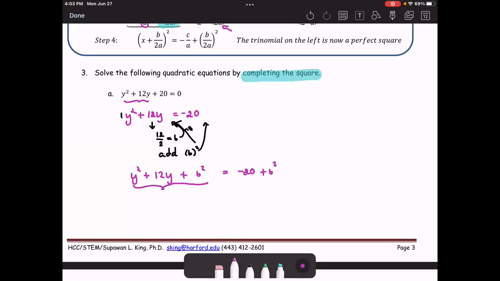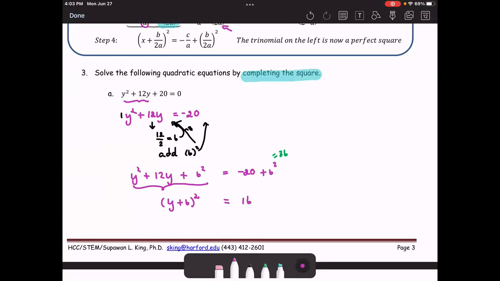The three terms on the left-hand side are the perfect square of the form y plus 6 quantity squared. On the right-hand side, we can simplify the two constants as 6 squared is 36. So 36 minus 20 becomes 16.